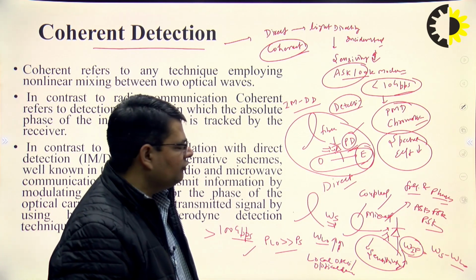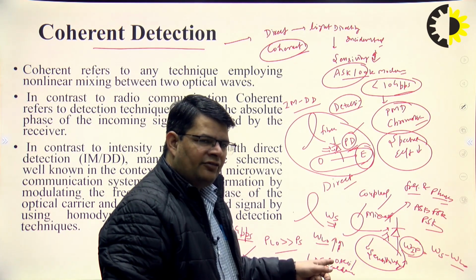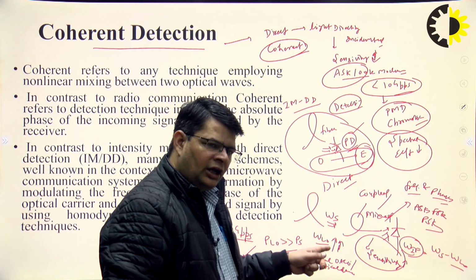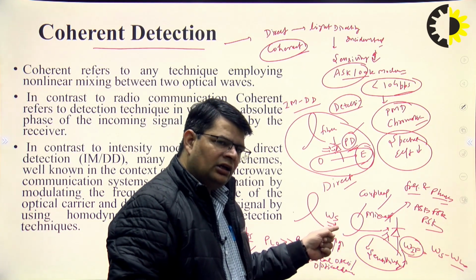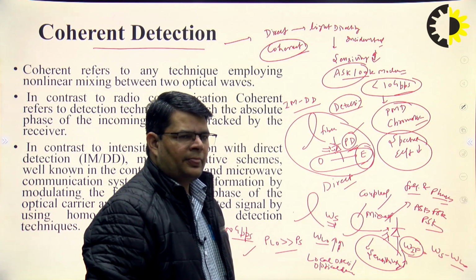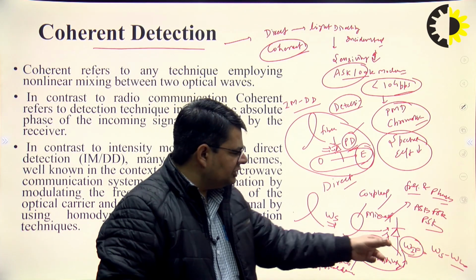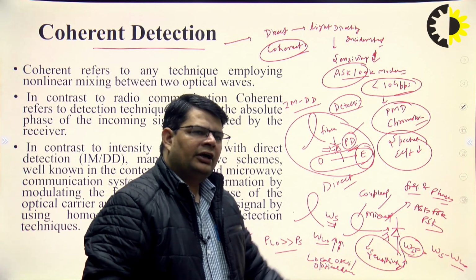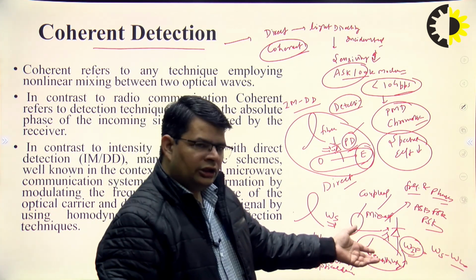Whereas in case of coherent detection, the received signal is combined with another locally generated optical signal of high power, and then the combined signal is incident over the photodiode or photodetector.